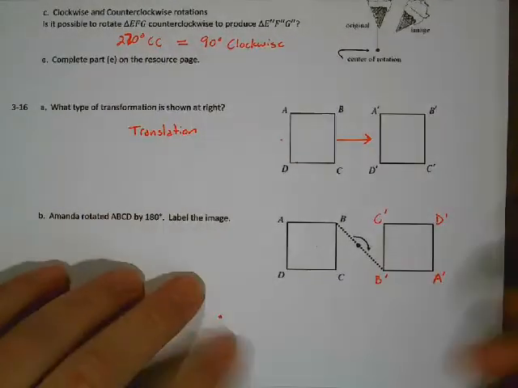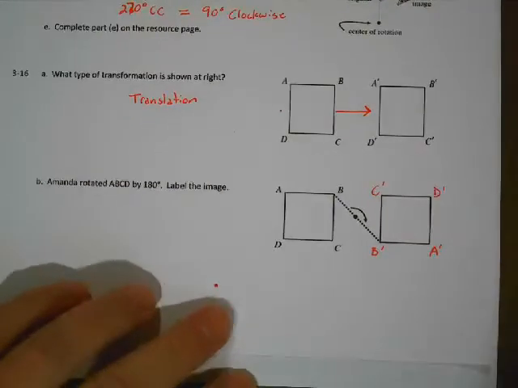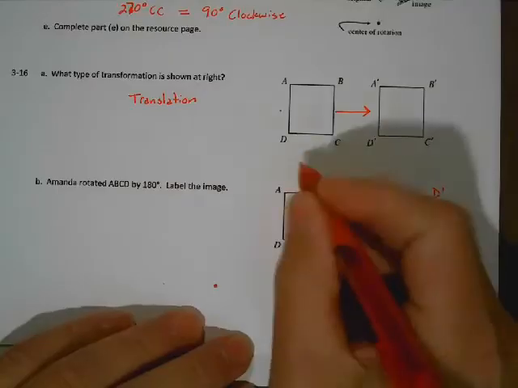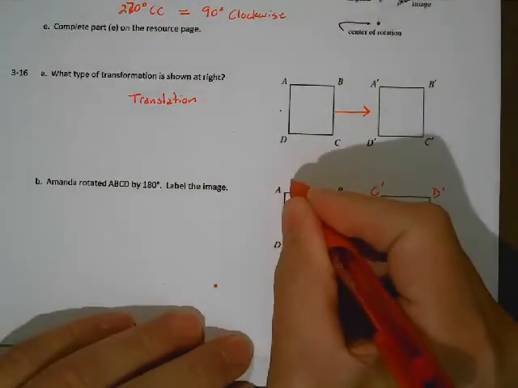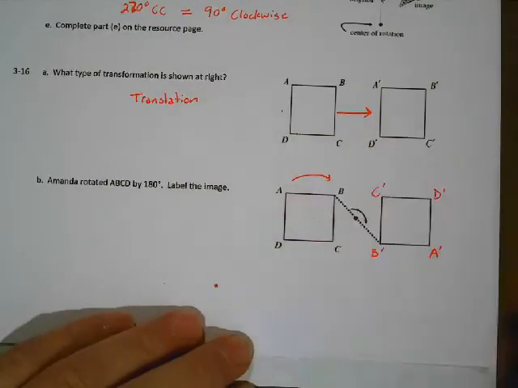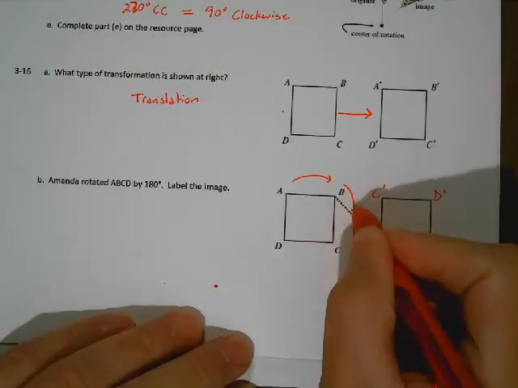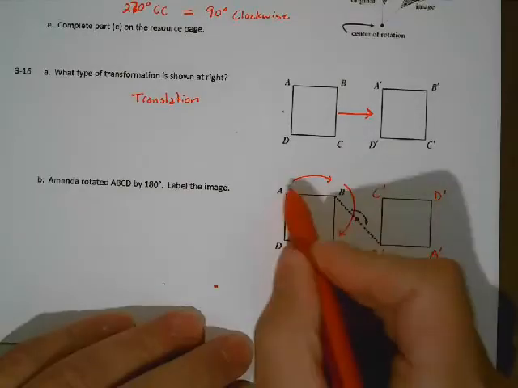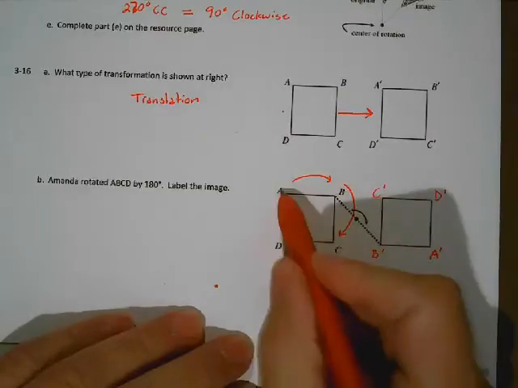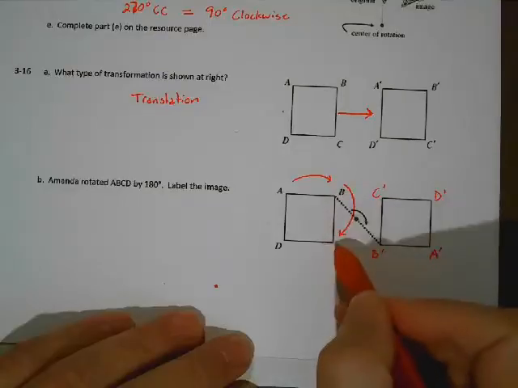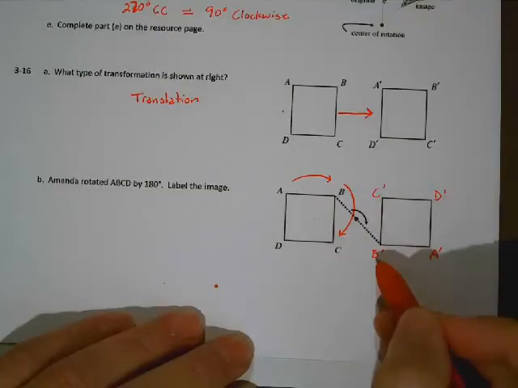All right, so here we've got our order. So why does A prime show up way over here? Well, if I go 90 degrees, think about it. If I do 90 degrees, A prime would show up where B is. A second 90-degree turn makes A prime go to where C is. So that's why A is over here. B goes 90 and then 90 more, so that's why it's down here.